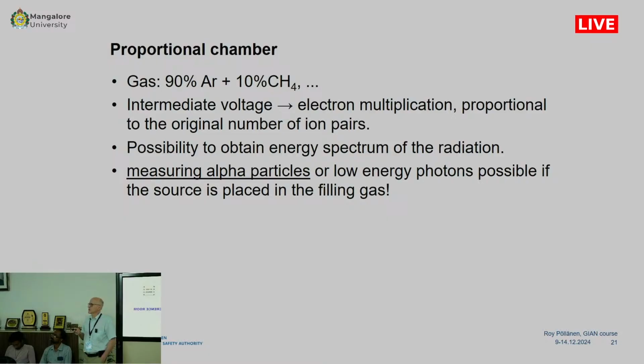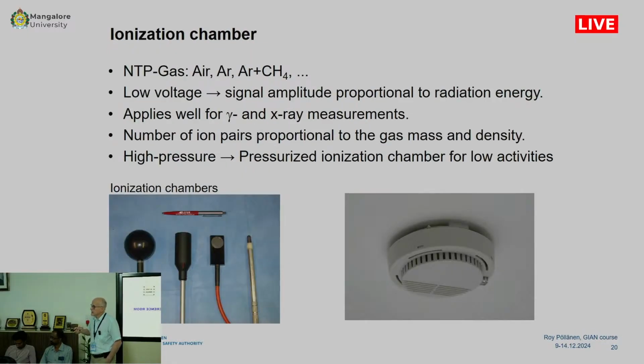Proportional chambers are like these ionization chambers, but they use intermediate voltage. So there is an electron multiplication, because in these cases it may happen that, because the voltage is not very high, the generated ions and electrons might combine together inside the chamber, so there is no signal.